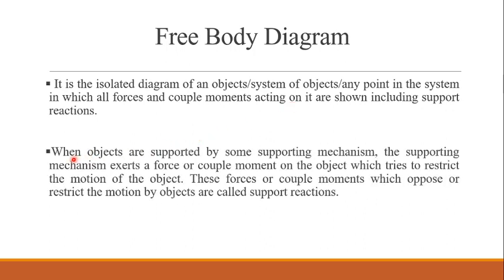We can also say that when objects are supported by some supporting mechanism, the supporting mechanism exerts a force or a couple moment on the object which tries to restrict the motion of the object. That's what it is. These forces or couple moments which oppose the motion of the object are called support reactions.